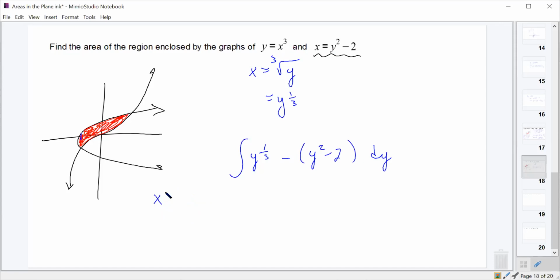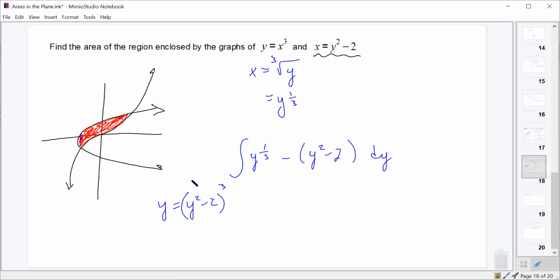Or better yet, since we know that x equals y squared minus 2, we could say y equals (y squared minus 2) cubed, and that would tell us the y values at which they intersect.